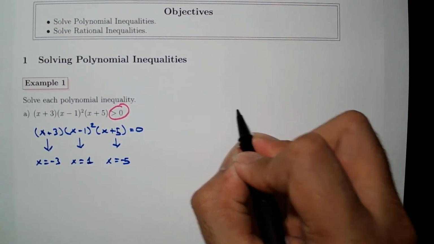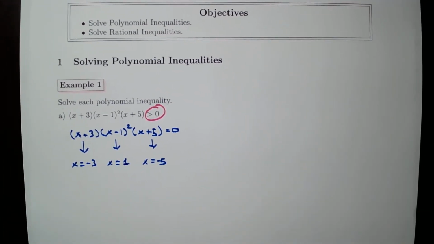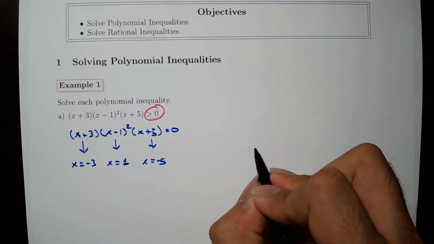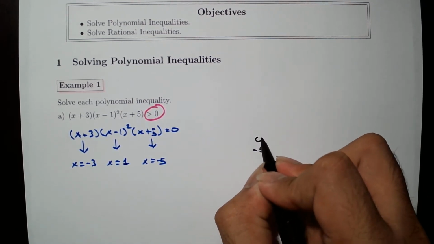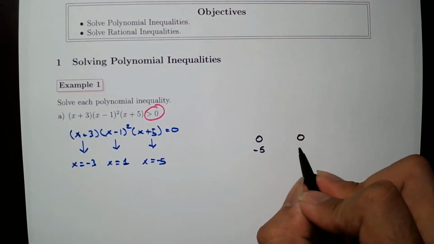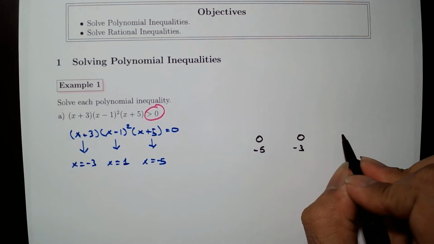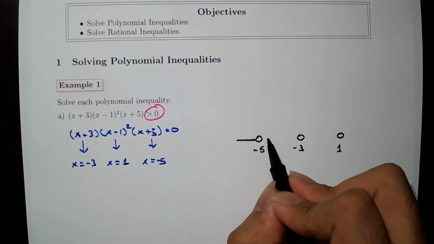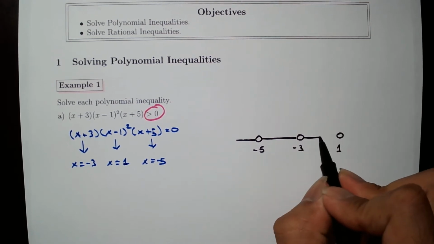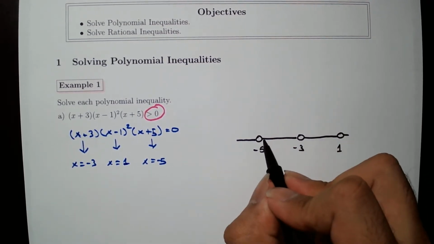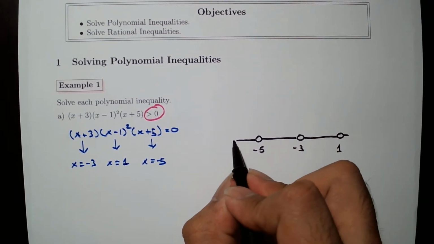That's going to be negative 5 first, and I'm going to put an open bubble here, and then negative 3, and then positive 1. Otherwise, if we had greater than or equal, then these would have been full bubbles.